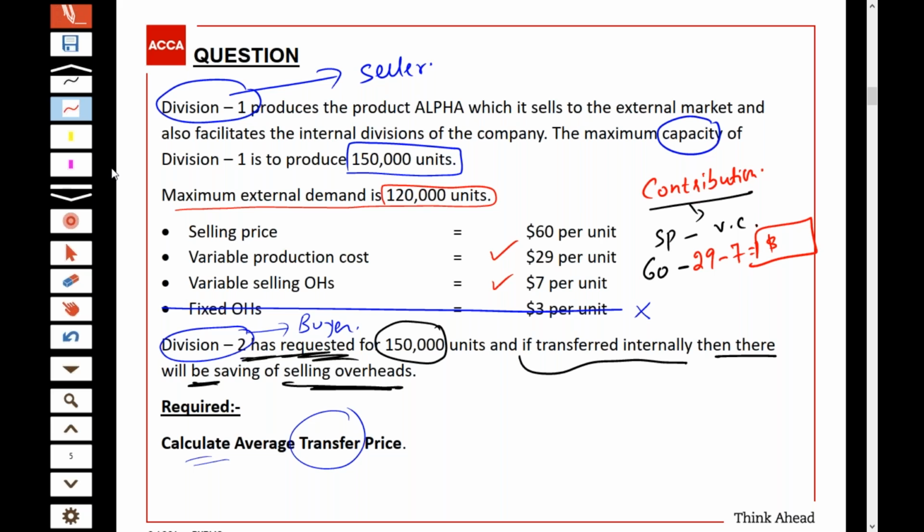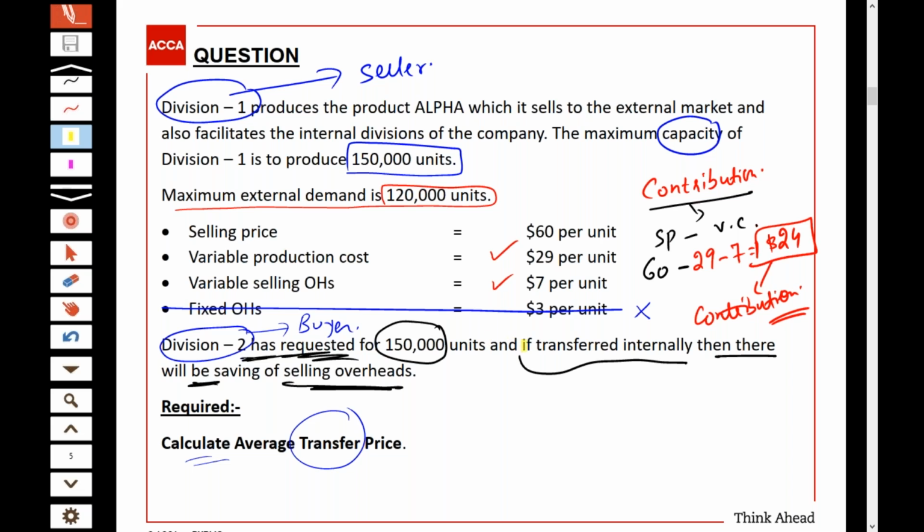So 60 minus 29 minus 7 is 24. Remember the figure, $24, which is the contribution.